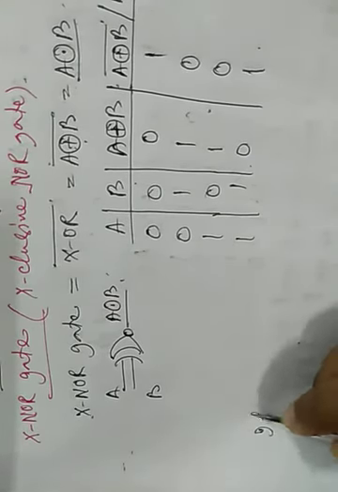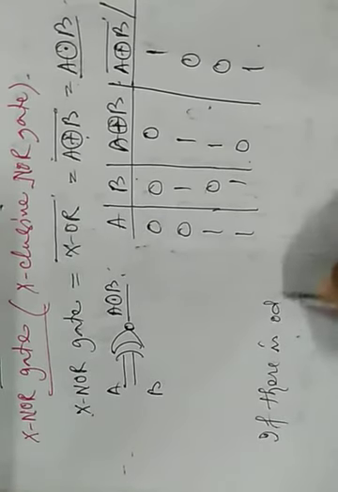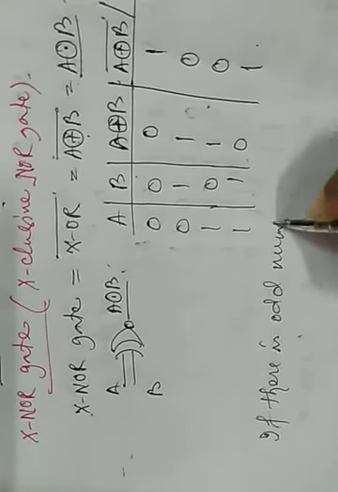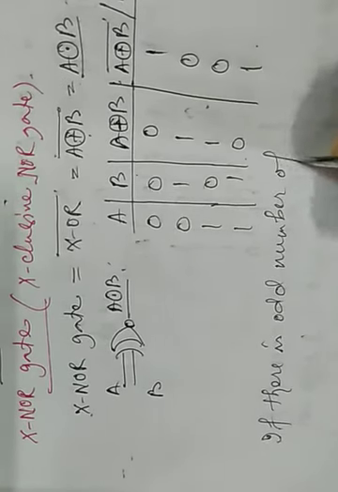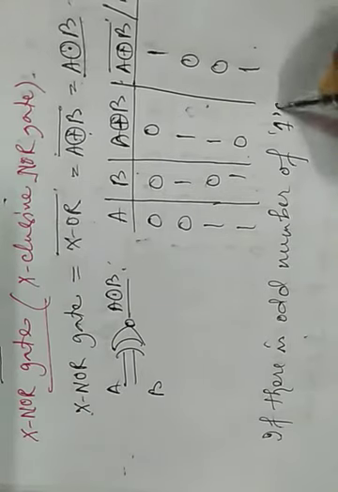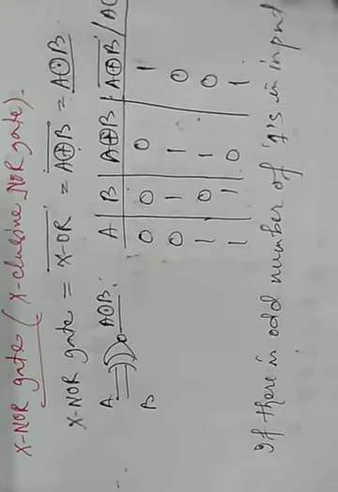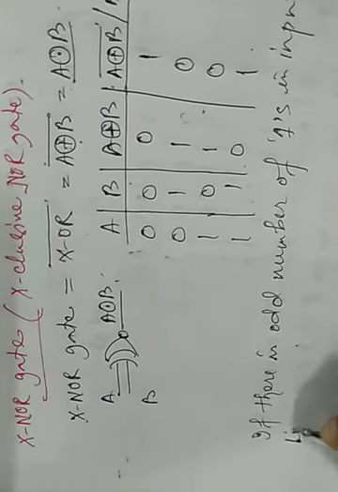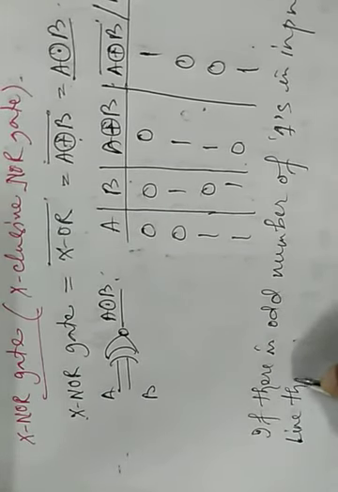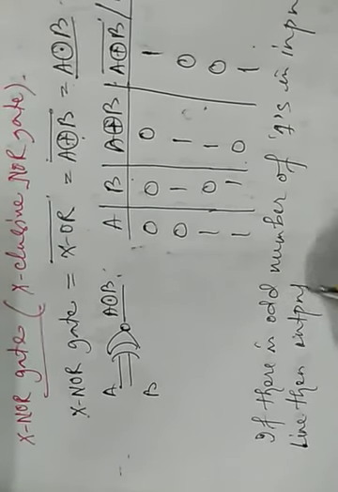So the definition for XNOR gate: just the inverse of XOR gate, if there is an odd number of ones in the input line, then output is 0.